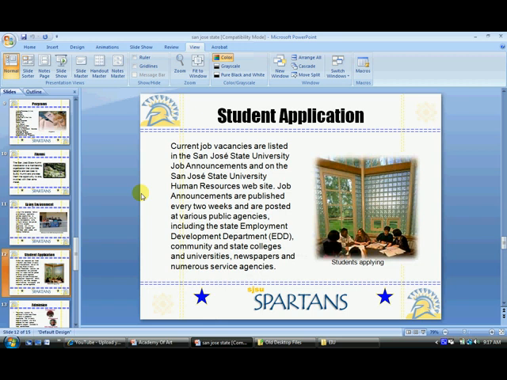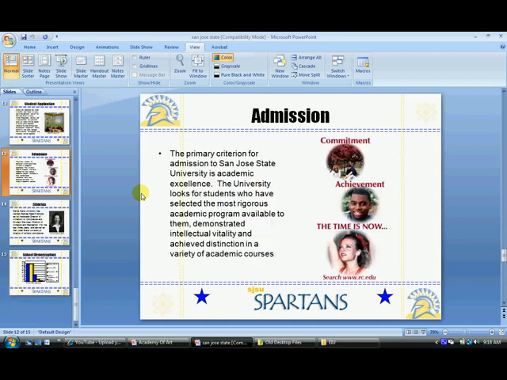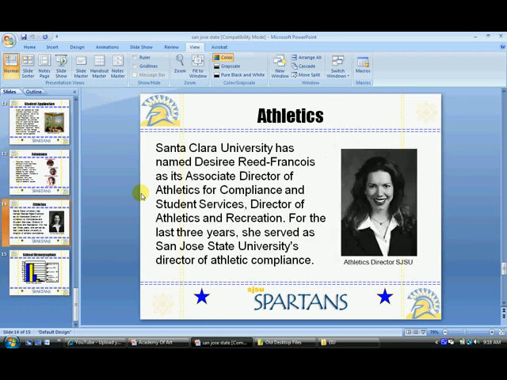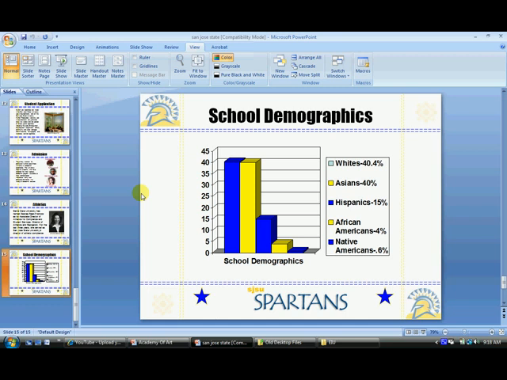On some slides, it may be a little bit too much information, like this one here. But still, you could tell he did research and had good information. Good consistent background, good consistent graph with the background and the whole color scheme of the school. Okay.